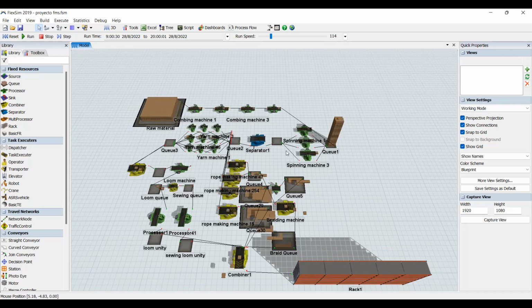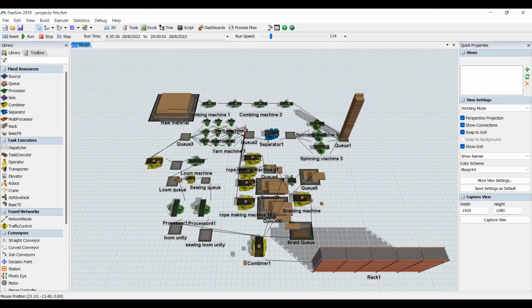That is the objective. As we can see, not all the machines are working now because they need to wait for the material to begin to work.